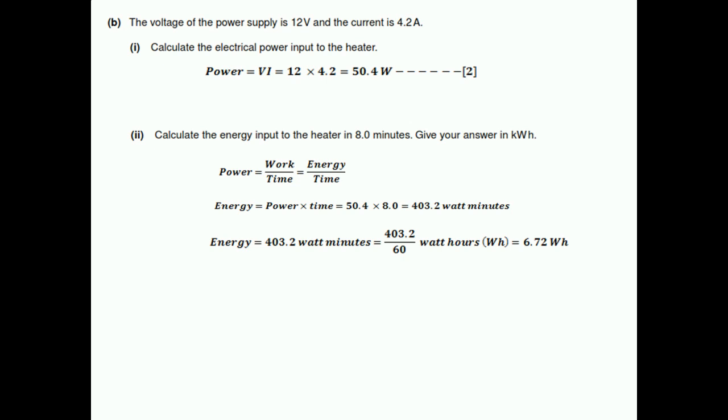I am converting from a smaller to a bigger unit, so I will divide by 60. I get 6.72 watt hours. After finding 6.72 watt hour, we will convert it into kilo, so it is divided by 1000. When we divide by 1000, we get 0.0672 kilowatt hour.